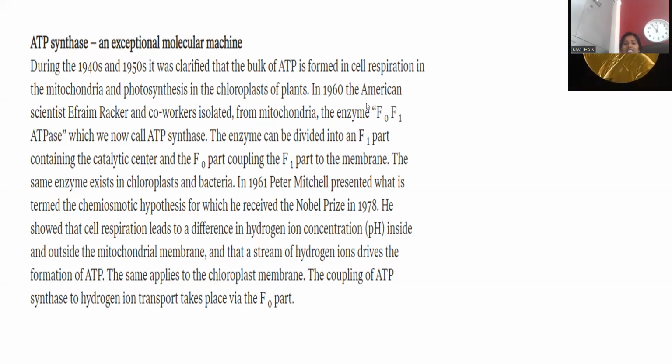In 1960, American scientist Ephraim Racker and co-workers isolated from mitochondria the enzyme F1 ATPase, which we now call ATP synthase.